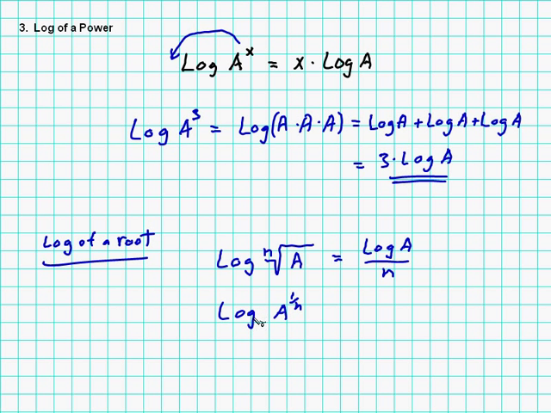So the log of a to the 1 over n is following this rule. You bring the exponent out to the front, 1 over n times the log of a, and then I can just rewrite that like this if I want. Okay, so in other words, powers and roots, division and multiplication, all of them can be simplified using logarithms.